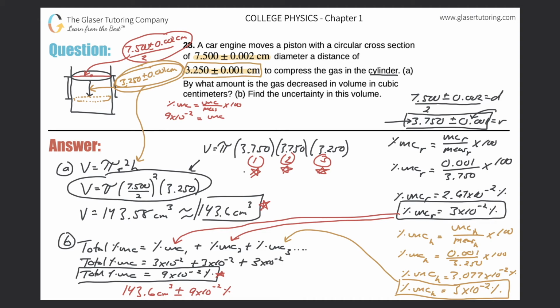The uncertainty is what we're trying to find, so that's our variable. And the measured value was 143.6. Multiply that by 100. Now simply solve this, just do the math and solve for the uncertainty. So 9 times 10 to the minus 2 multiplied by 143.6 and then divide out the 100.